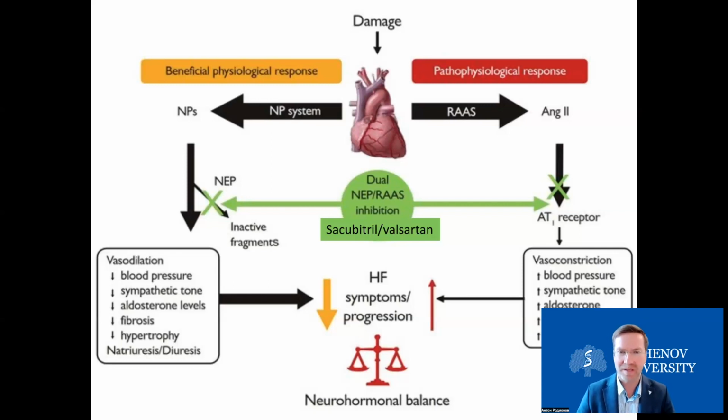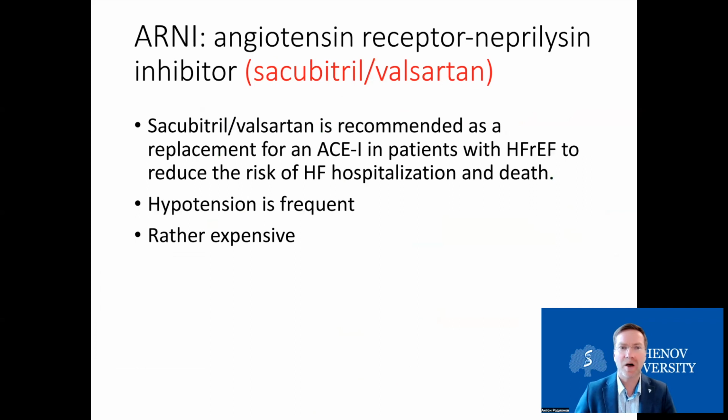Sacubitril/valsartan is the only drug from the group ARNI, angiotensin receptor and neprilysin inhibitor. We use this abbreviation, ARNI, and that means sacubitril/valsartan. Sacubitril blocks neprilysin and increases the level of brain natriuretic peptide, and valsartan is an angiotensin receptor blocker.